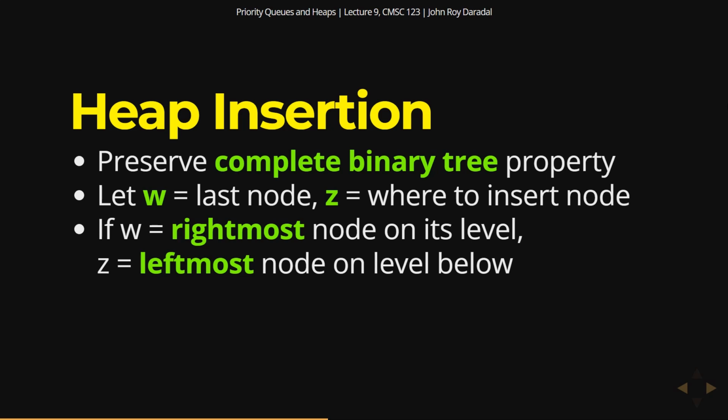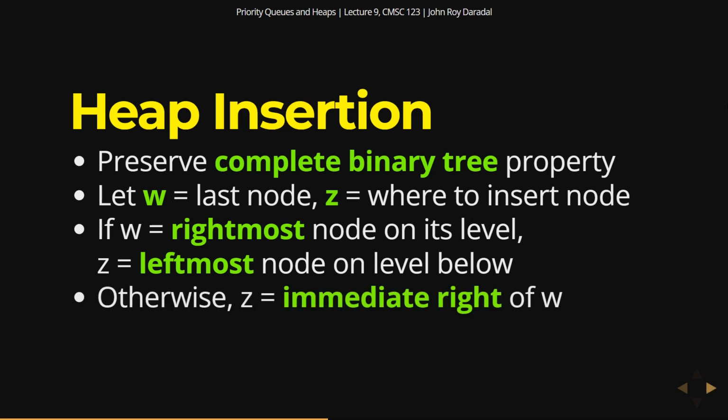So what we'll do is we will have to insert on the next level below, and we'll add that at the leftmost part of the next level. Okay, so Z is the leftmost node on the level below. Otherwise, if the last node is not yet the rightmost node at that level, then Z, or where we will insert, would be the immediate right position of the last node.